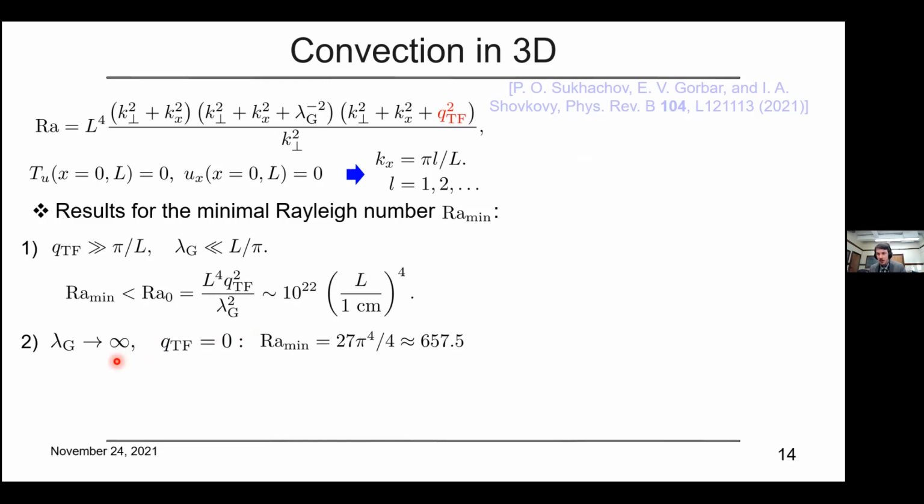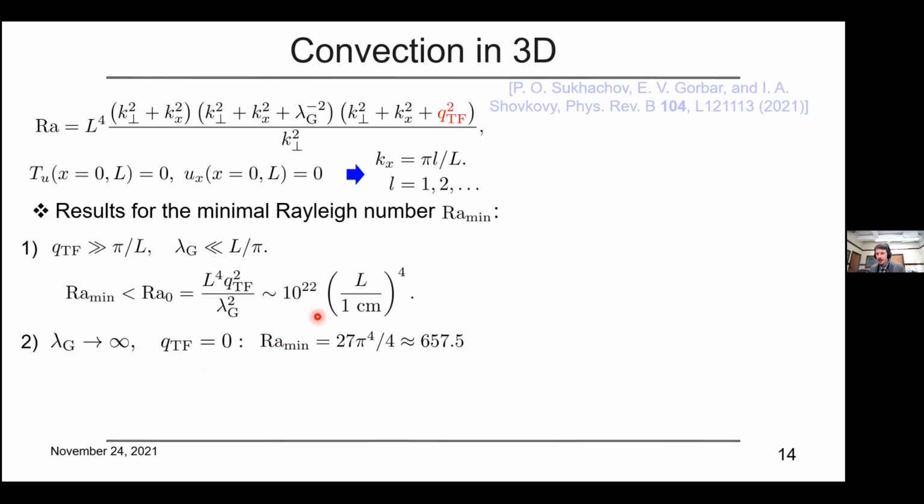We have a vanishing Thomas Fermi wave vector, and we have an infinitely large Gaussian length. In this case, we can solve this problem rather easily and obtain the following minimal Rayleigh number without any approximations, actually. So it's of the order of thousands, but this number is of the order of 10 to the 22.